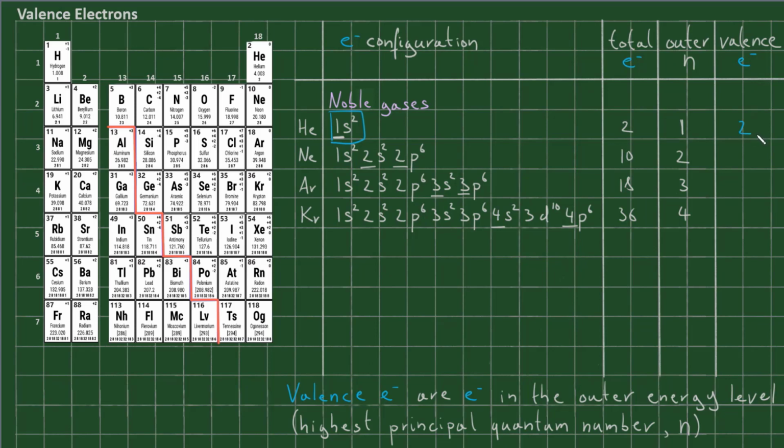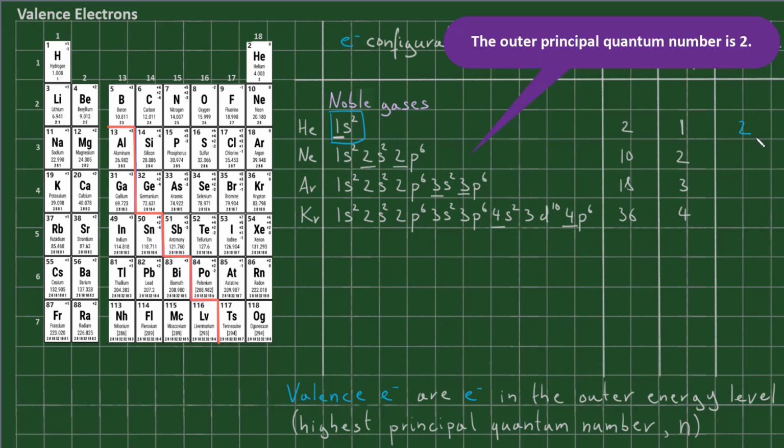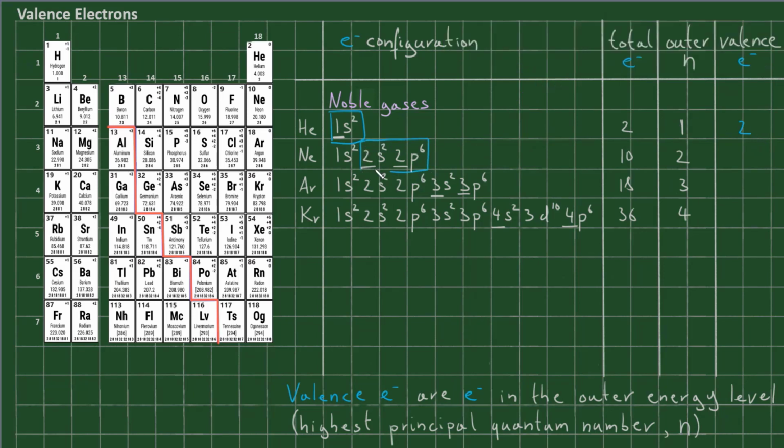When it comes to neon, the outer principal quantum number is 2, so all of these electrons are the valence electrons. How many are there? Well, there are 2 in the s orbital and 6 in the p orbitals. So a grand total of 8 valence electrons. Argon, similar story. The outer energy level n is 3, so the electrons associated with that energy level are the valence electrons.